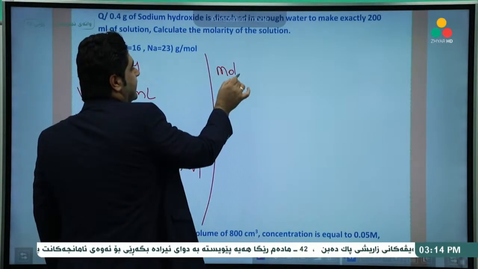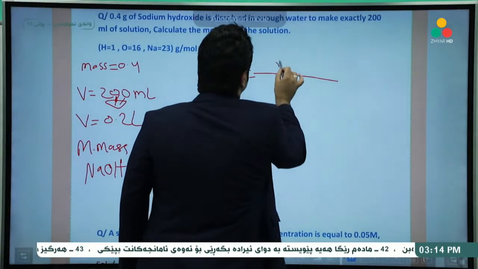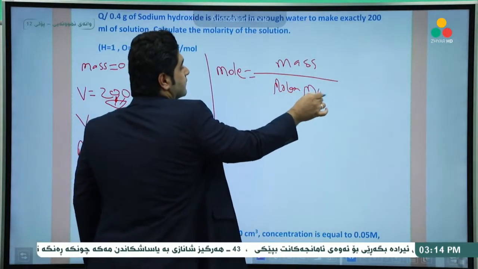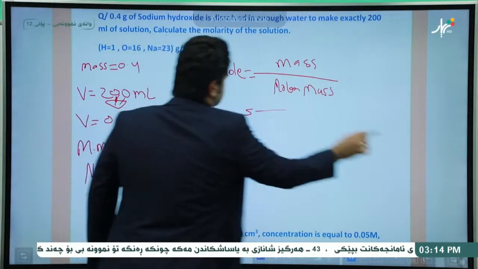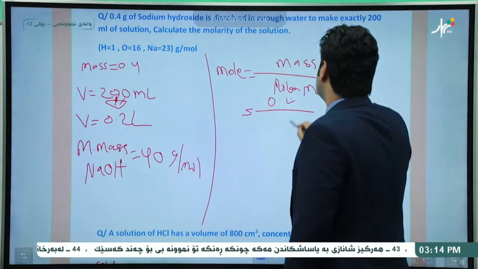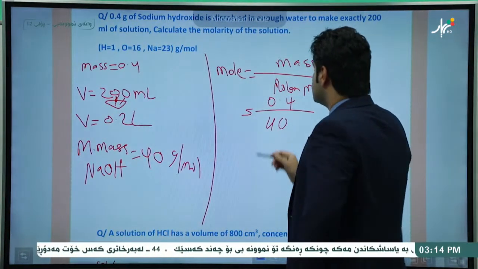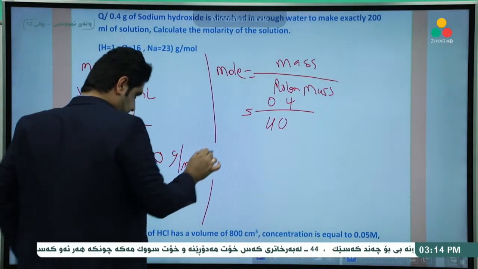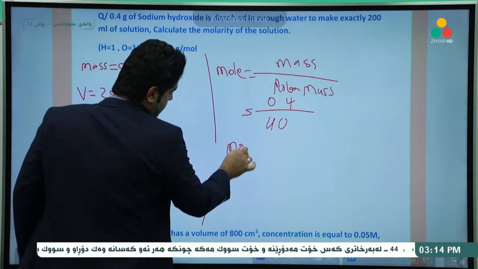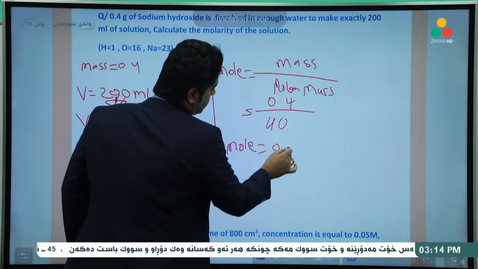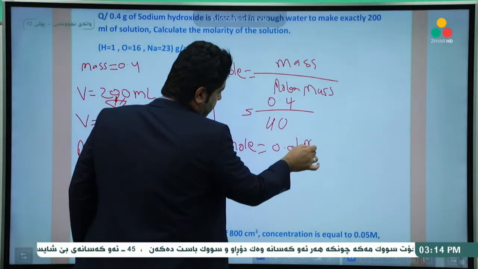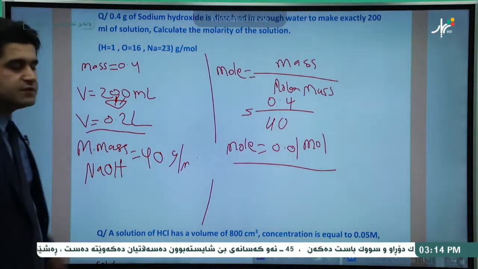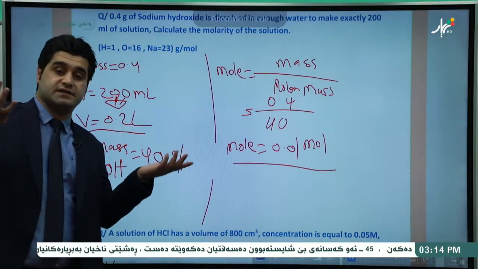First of all, we should prepare the number of moles. Mole is equal to mass over molar mass, which is mass 0.4, molar mass 40. So mole is equal to 0.01 mole. Now we have number of mole and we have volume in liter. Immediately we can calculate the molarity.